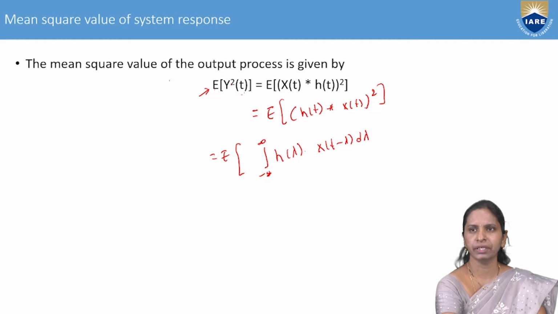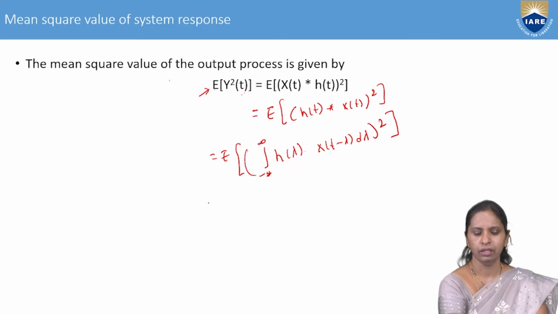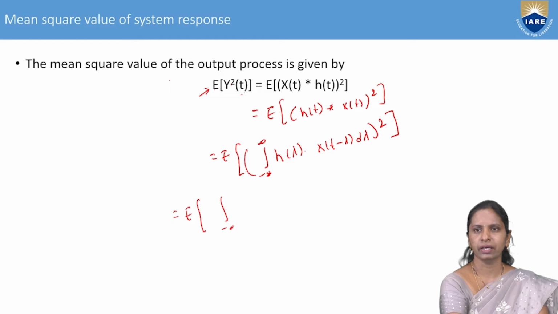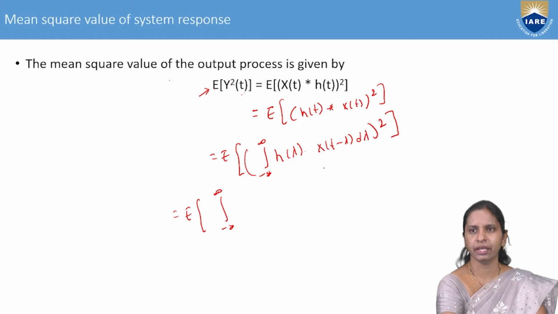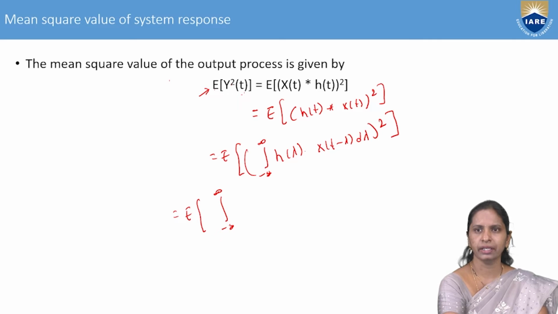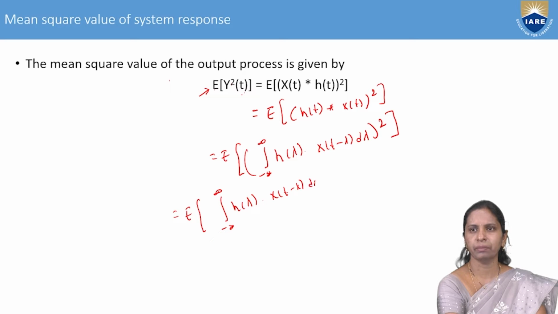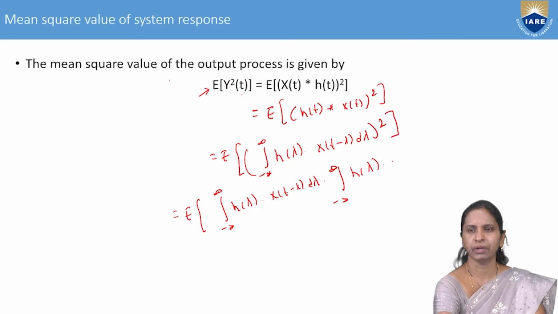After that, you have the square. So write this as square. Then that equals the expectation of; you can write a square as a into a. Similarly, here also the integration from minus infinity of h of lambda x of t minus lambda d lambda into the integration from minus infinity of h of lambda x of t minus lambda d lambda.